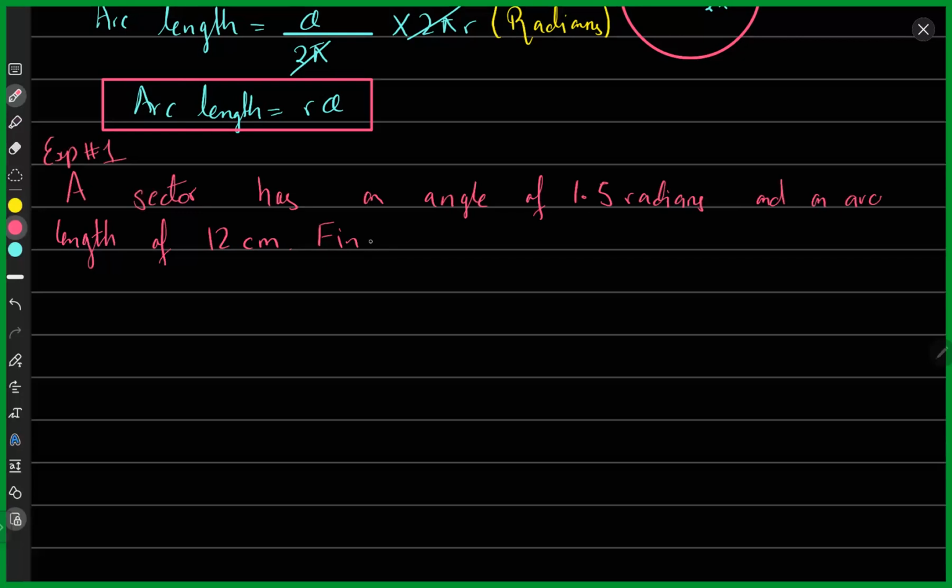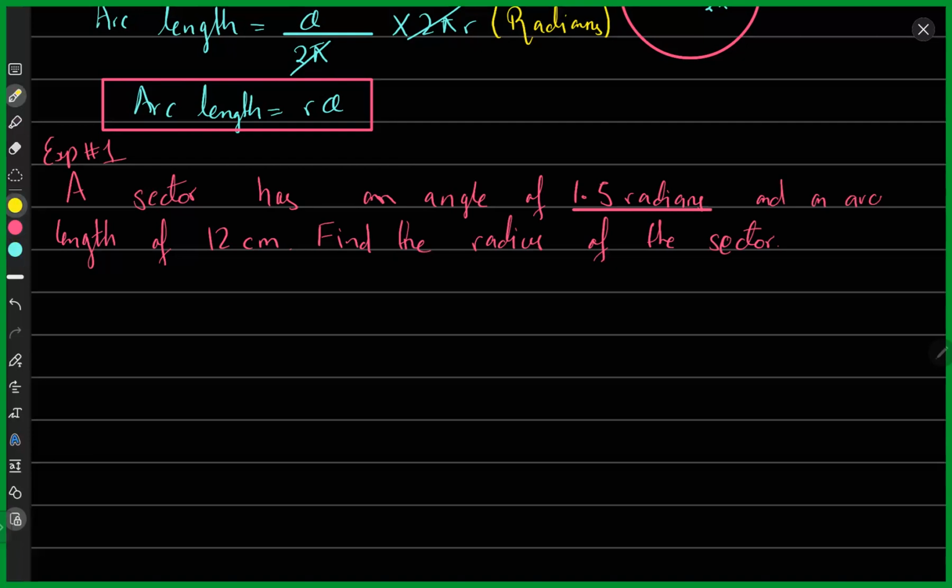Find the radius of the sector. A sector has an angle of 1.5 radians and an arc length of 12 centimeters. Find the radius of the sector.